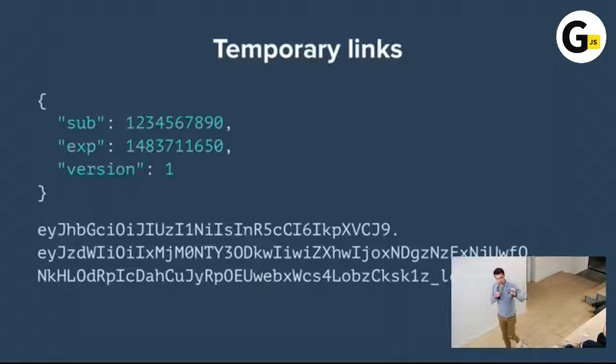Just embed whatever is relevant for you, maybe whenever it was issued, whenever it will expire. If you only want the link to be valid for 24 hours, put that in there. Maybe include a version number so that you can identify certain versions and links. And just paste this at the end of a URL, and you have your email verification link or your password reset link.